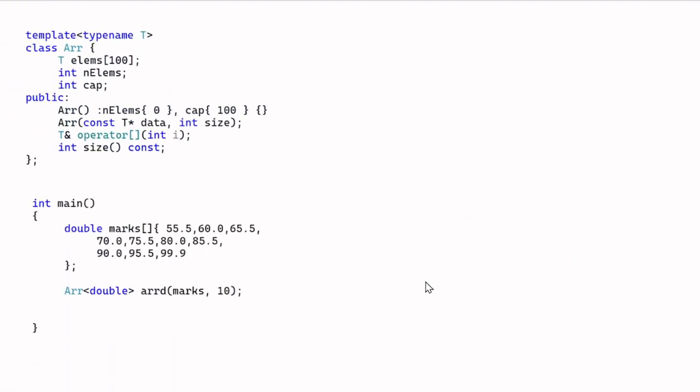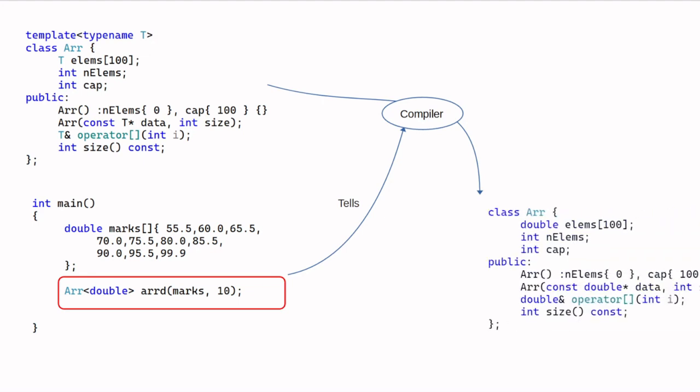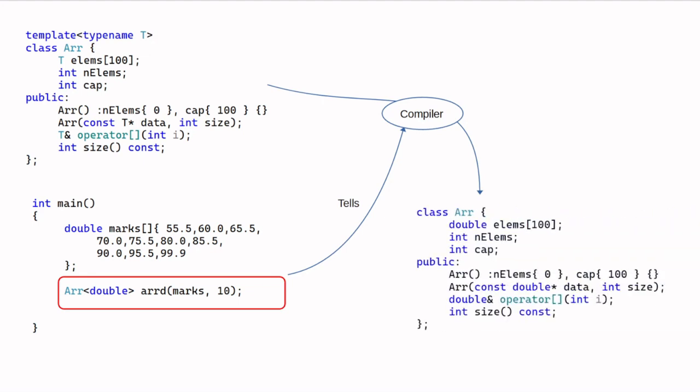Again, in the case of double instantiation, this will tell the compiler to instantiate the template class to create another class with a double type.